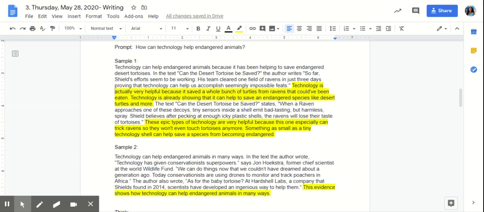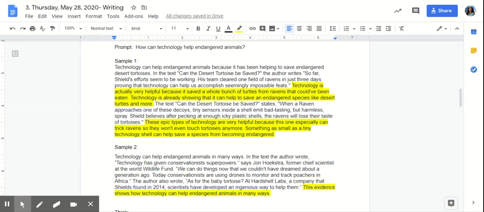Shield believes after pecking at enough icky plastic shells, the ravens will lose their taste of tortoises. These epic types of technology are very helpful because this one especially can trick ravens, so they won't even touch tortoises anymore. Something as small as a tiny technology shell can help save a species from becoming endangered.